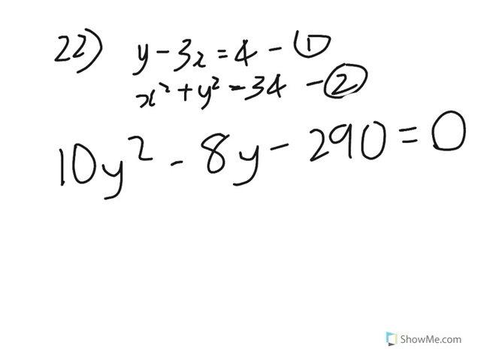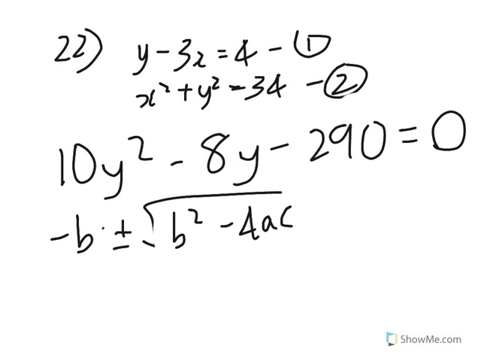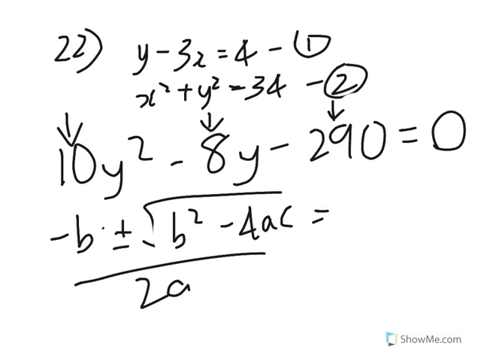Okay, so now we have this quadratic equation. Now we need to solve it to find two values of y. So we're going to use the quadratic formula: minus b plus or minus square root of b squared minus 4ac over 2a. And b is nothing but this, c is nothing but this, and a is nothing but this.